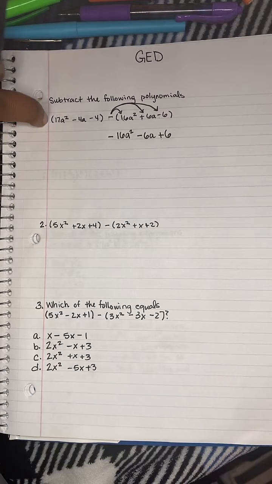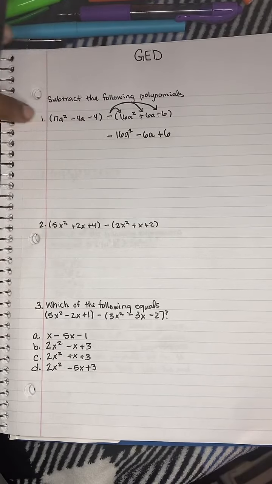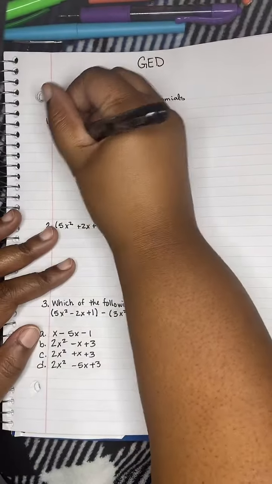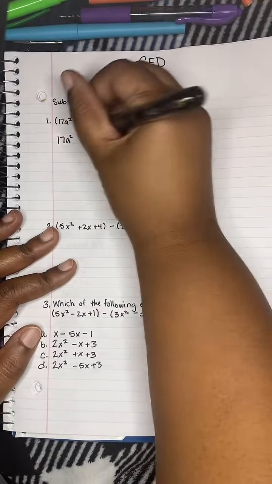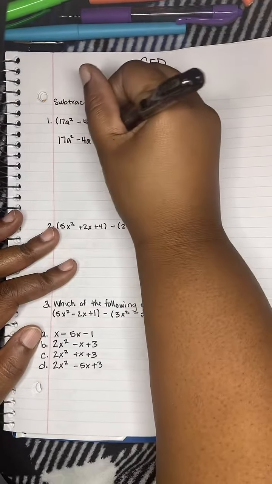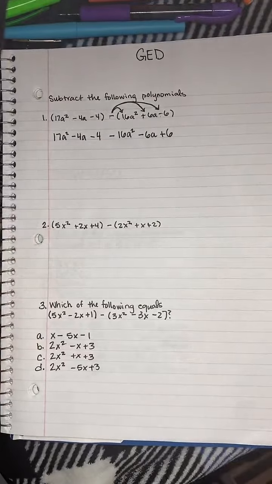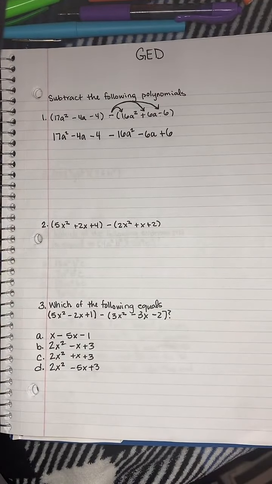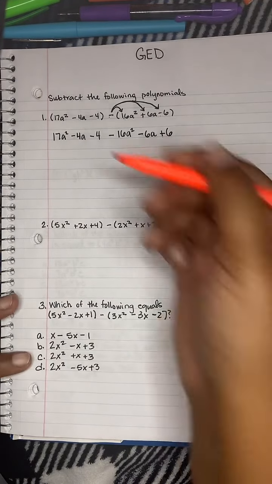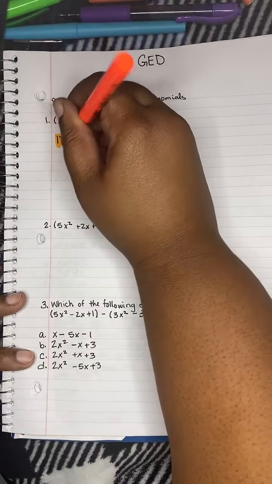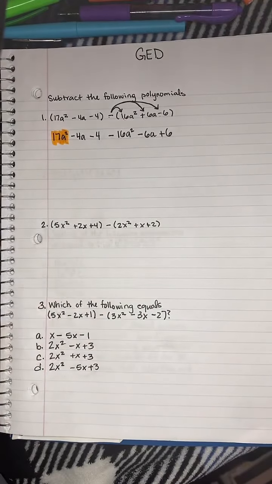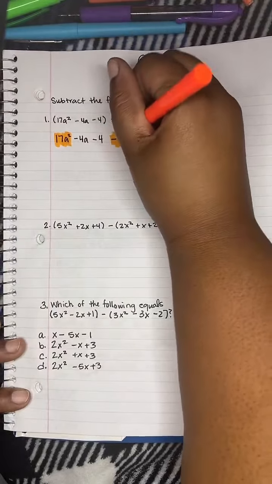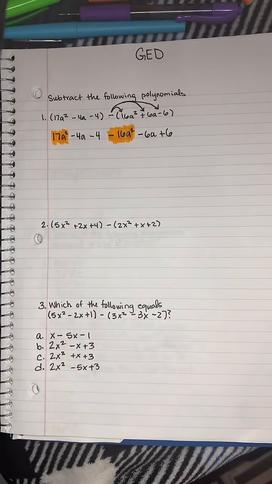Okay. And so basically what that means is if this is a positive 16, we're multiplying by negative 1. So we put negative 16a squared. Okay. And a negative times a positive gets us a negative 6a. And a negative times a negative gets us a positive 6.